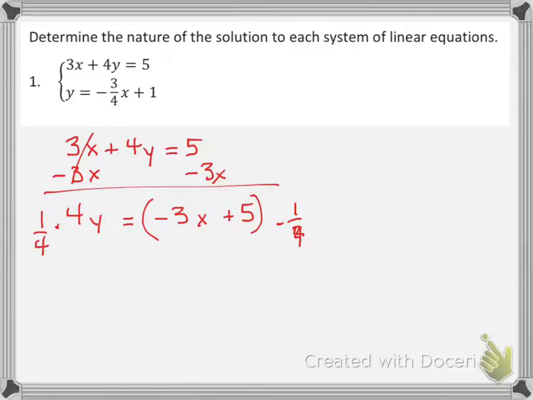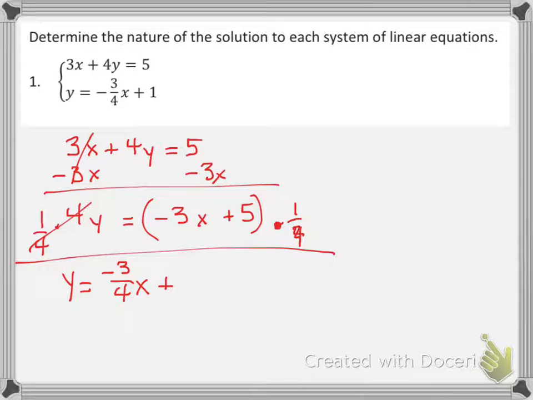It looks like I wrote 1/2 there. That's 1/4. And then here's what happens. The 4's cancel. I get y is equal to a negative 3/4 x, because 1/4 times negative 3 is a negative 3/4. And 5 times 1/4 is 5/4, so that's a positive 5/4.